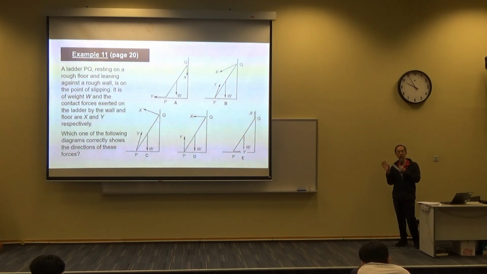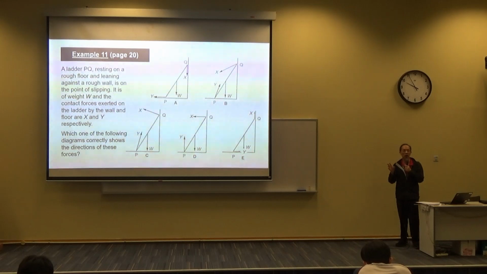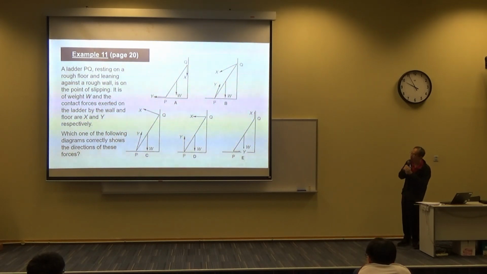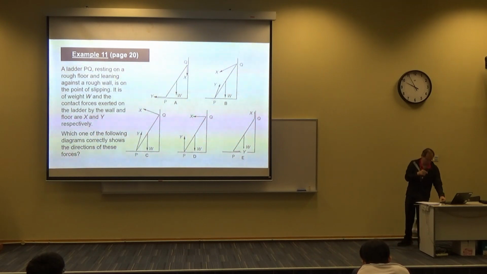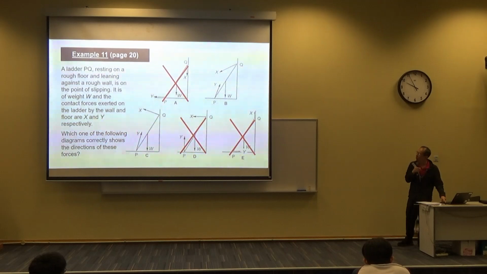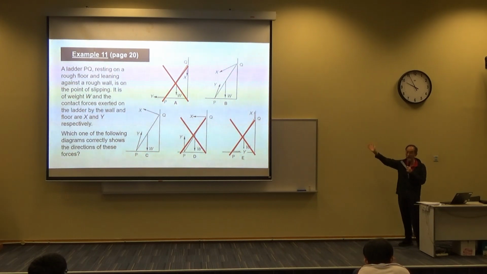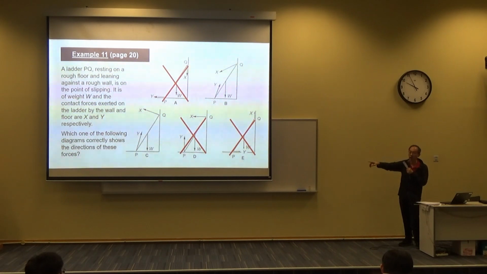So here there are 5 options. I will use the concurrent condition to find the answer. So straight away, you realize options A, D and E cannot be the correct answer because they are not all parallel, and if you look at A, D and E, the forces do not meet at one point.